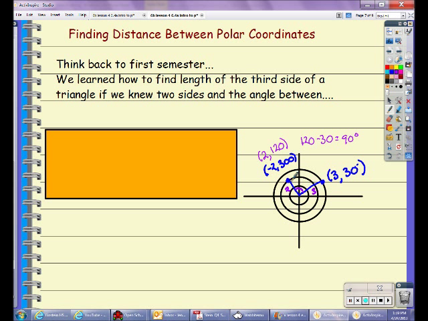Now, how do you find this, whether it's 90 degrees, 130 degrees, or anything else?